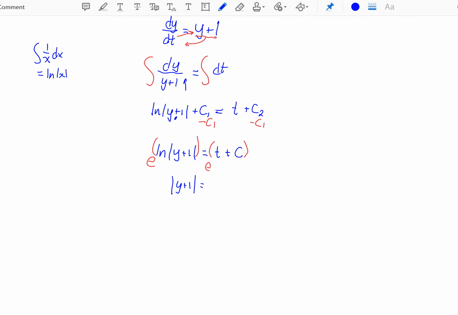On the right-hand side, again, you probably rewrote this as e to the t times e to the c. So you could write your solution as c e to the t. From our past arguments, we know that this absolute value can be absorbed by the constant. And so if we solve this for y, we get y of t is c e to the t minus 1.